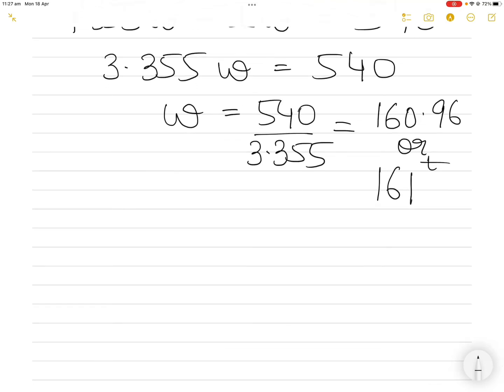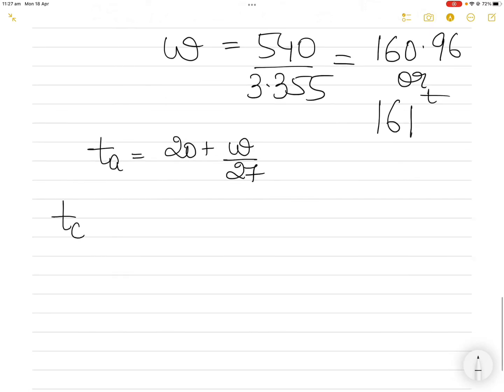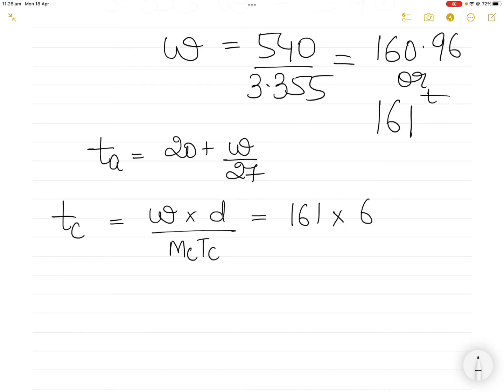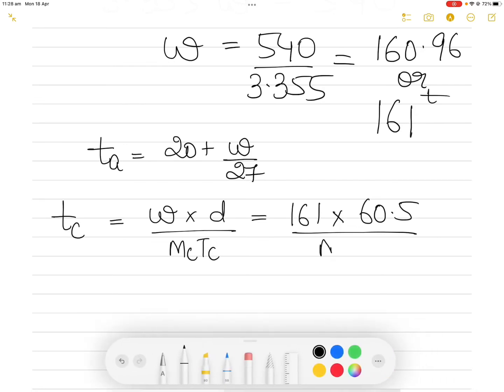So the aft draft TA equals 20 centimeters plus W by 27. What is the overall change in the trim? It is W times D divided by MCTC. So now I know W, so I can put 161 multiplied by 60.5 divided by MCTC, which is 180.